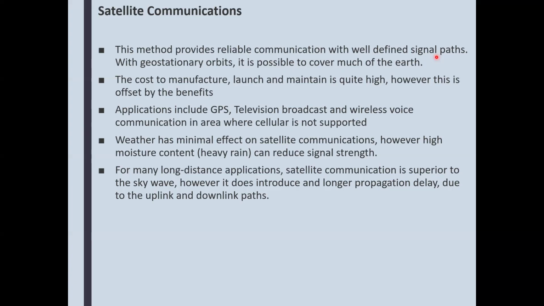Now, we all know that. Drive away from 401 and you lose your cell phone coverage, right? With geostationary orbits, it is possible to cover the whole Earth with a communication.